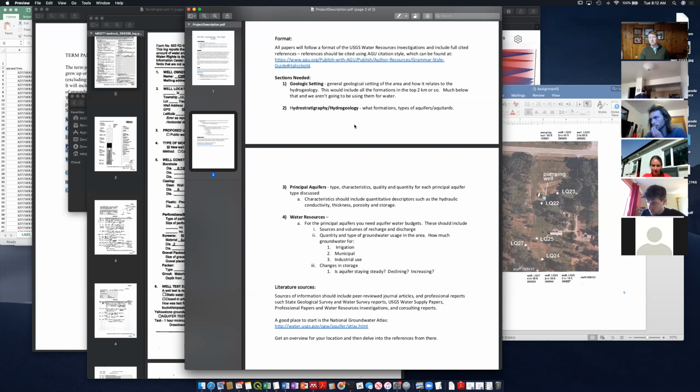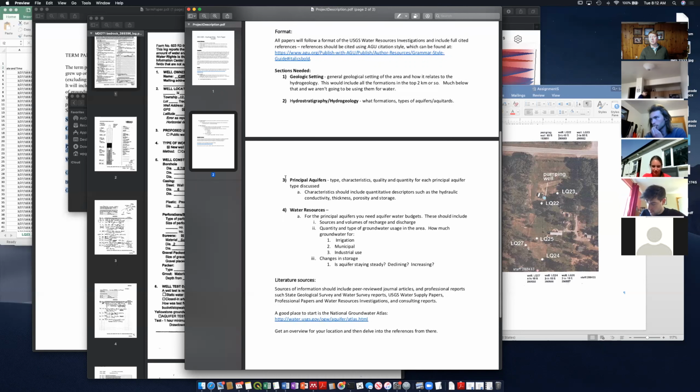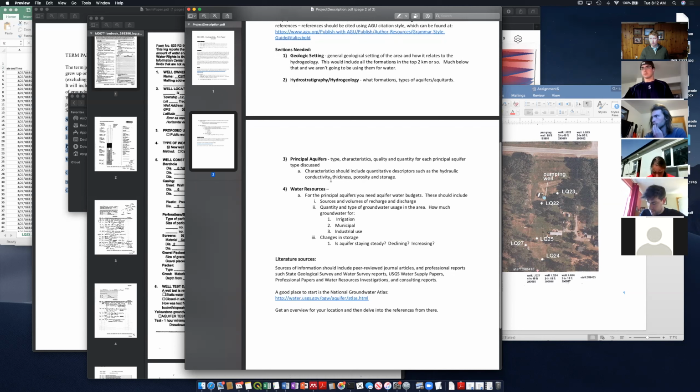Then we go in and we talk about the principal aquifers that are used, right? So now we're going to focus in. We've set the stage, and we're going to focus in on the principal aquifers. So what kind are they? Are they unconfined? Are they confined? What kind of characteristics?